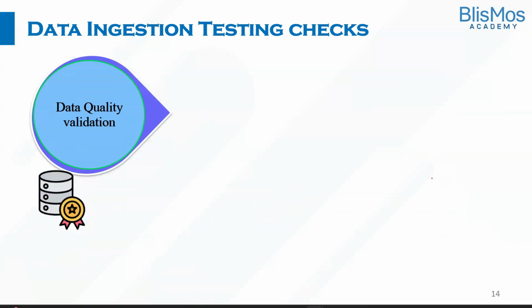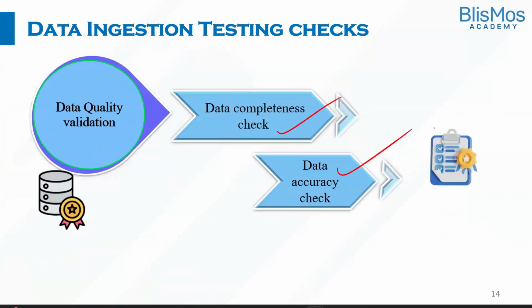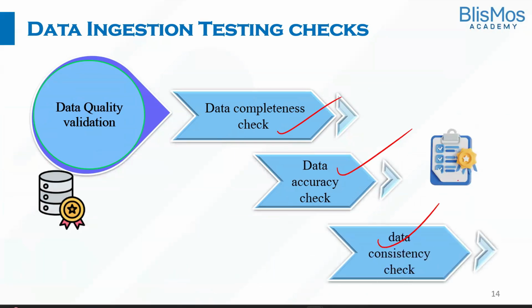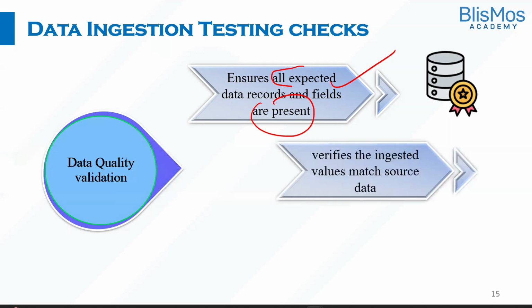In the case of quality, there are three dimensions. One is completeness, the second one is data accuracy, the third one is data consistency. As a part of data quality validation, we ensure that all the expected data records and fields are present. Then we verify that the ingested values match the source data.